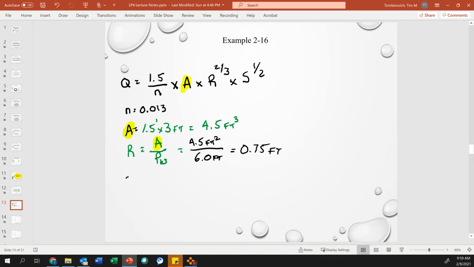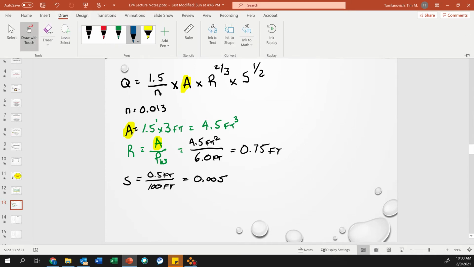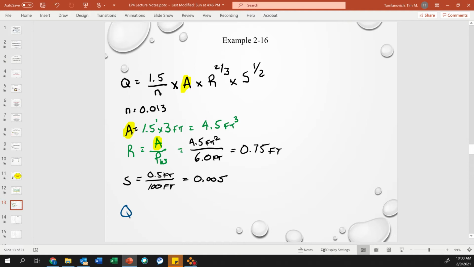Okay, my slope, they're telling me in the problem, the elevation drops at 0.5 feet per 100 feet. So 0.5 feet divided by 100 feet, and that equals, basically I moved the decimal place 2 spots, 0.005. That's a unitless number. So I've just defined all my terms. So now we can go in and figure out our flow rate of that open channel.